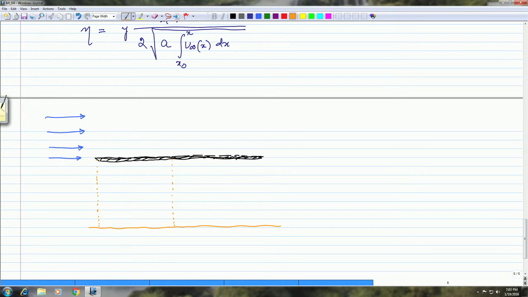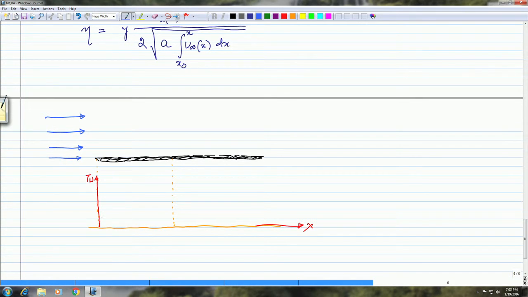Now this axis, I'm going to draw this. This axis is basically of the wall temperature, and this of course is x.